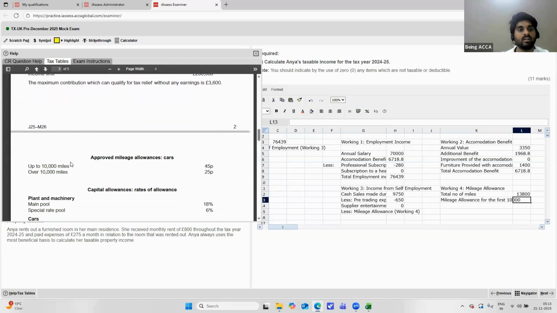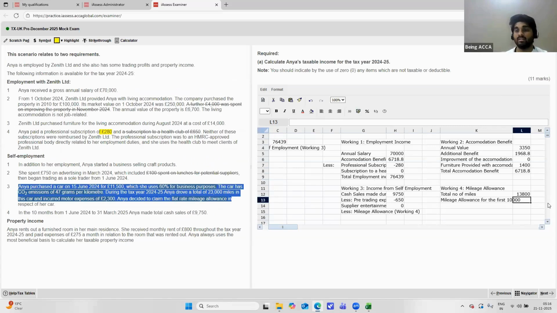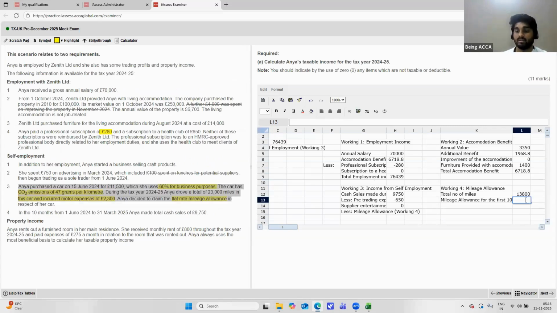As you can see here, up to 10,000 miles is at 45 pence and over 10,000 miles is at 25 pence. So it would be equal to 10,000 into 0.45.